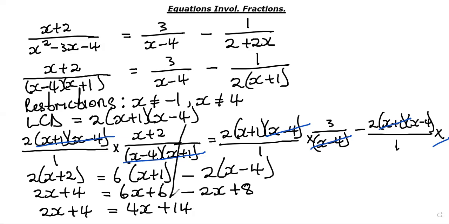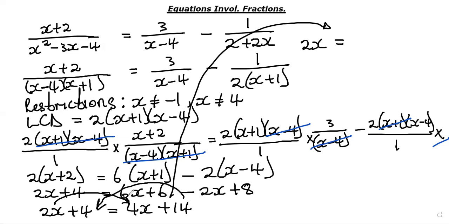So let's take the whole thing up here. We are changing the battleground, or rather battlefield. So from this point, we can choose to take the 2x to the right so that it becomes negative. So 4x minus 2x will just be 2x. Then we take 14 to the left, it becomes negative. 4 minus 14 will just be negative 10.